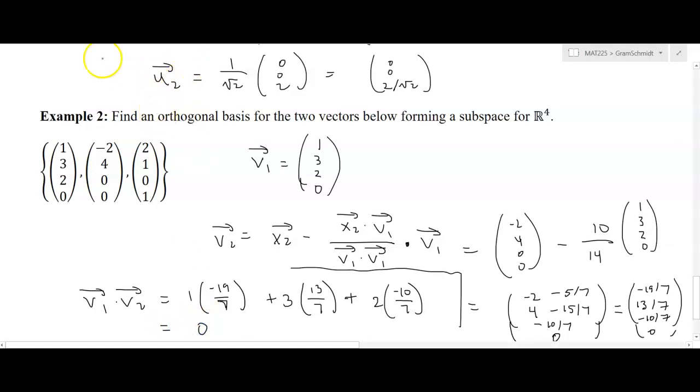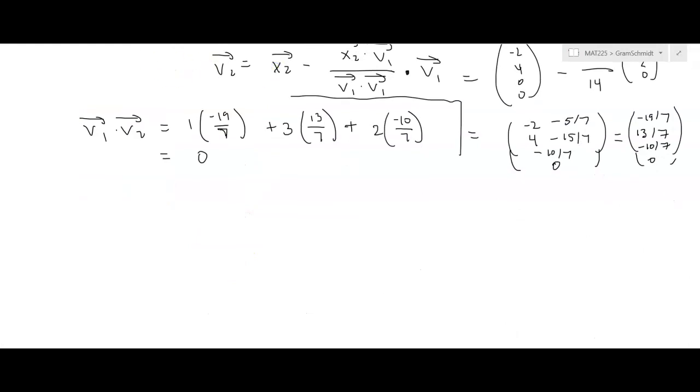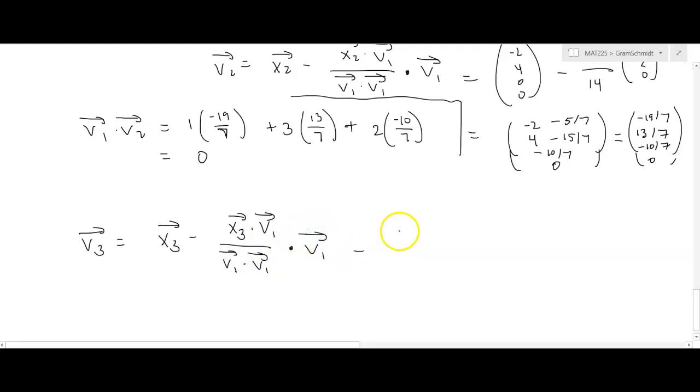v3 would be the same process. We now take x3, take away x3 dotted with v1 over v1 dotted with v1 times v1, minus x3 dotted with v2 over v2 dotted with v2 times v2.